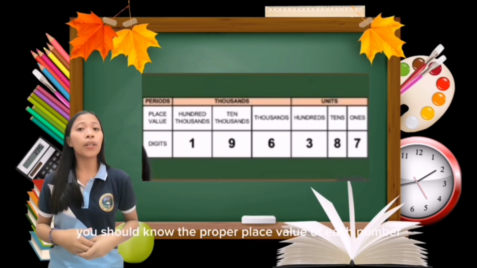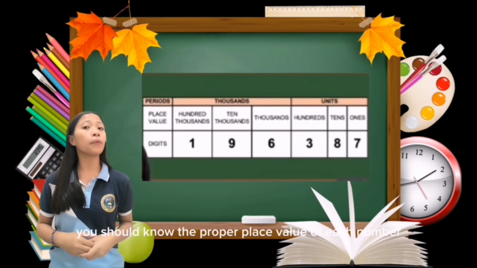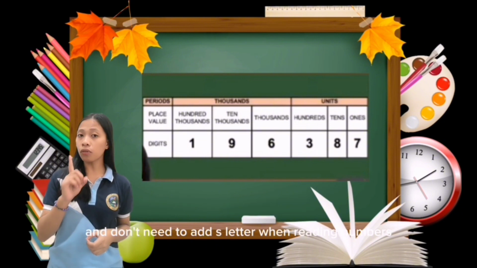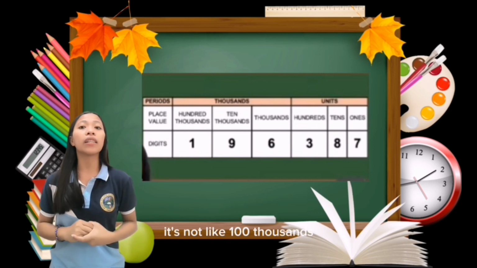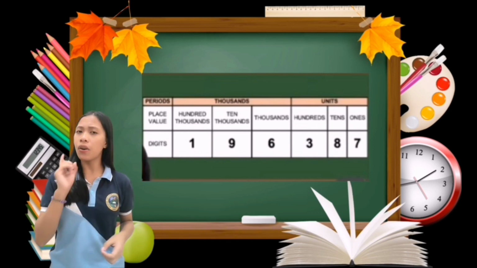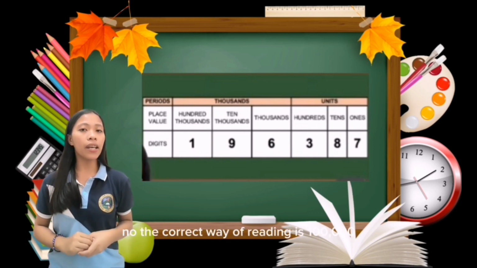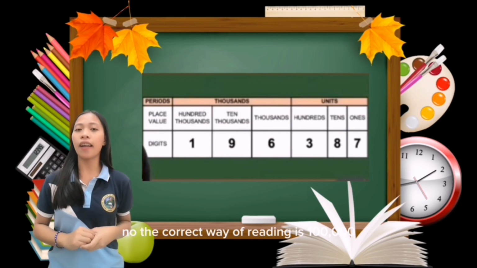So, you should know the proper place value of each number and don't need to add the letter S when reading numbers. It's not like 100,000s. No, the correct way of reading is 100,000.